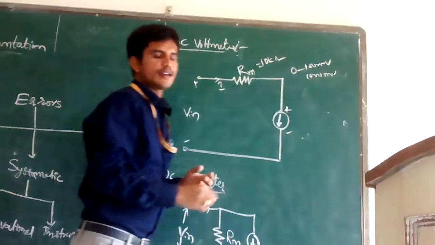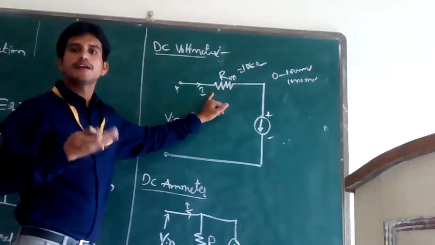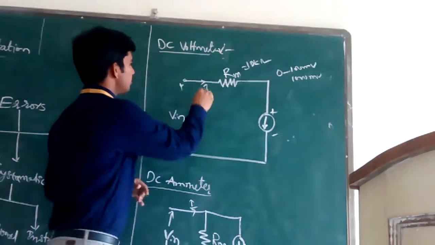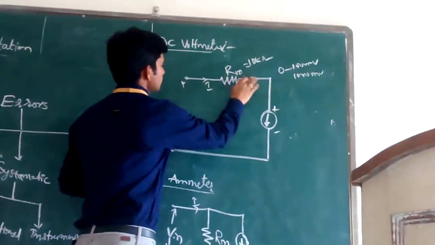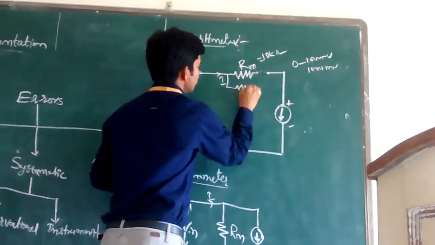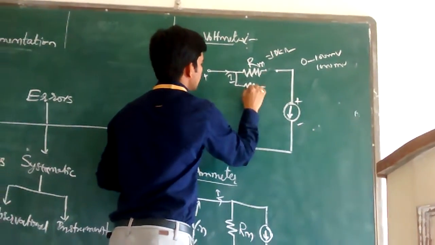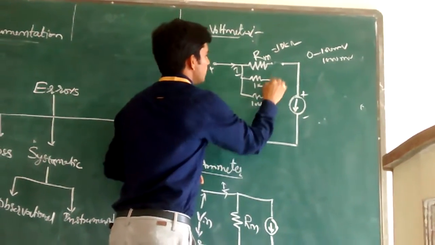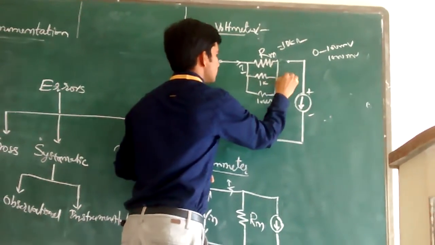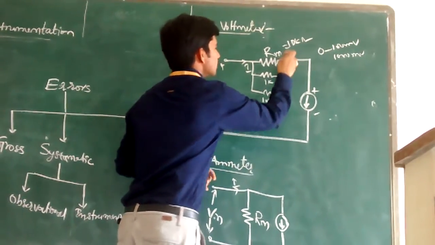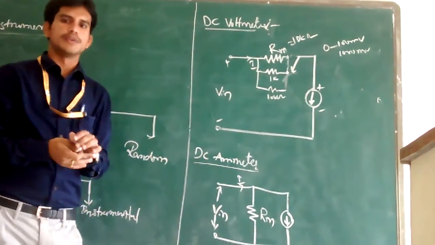In that way, by using different multiplier resistors, we can extend the meter range. We can simply use a switch with various multipliers, say 10 k, 1 k, and 100 ohm, and with a switch provided, we can select any range of the voltmeter.